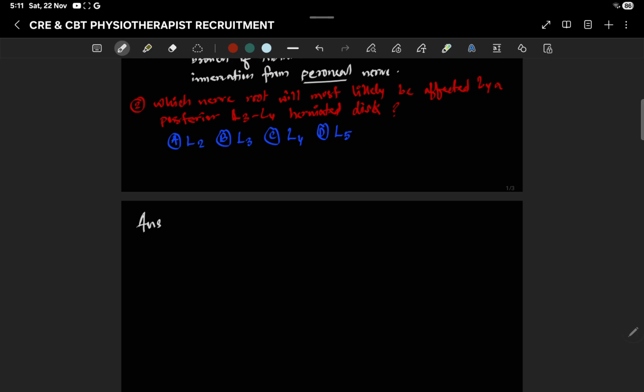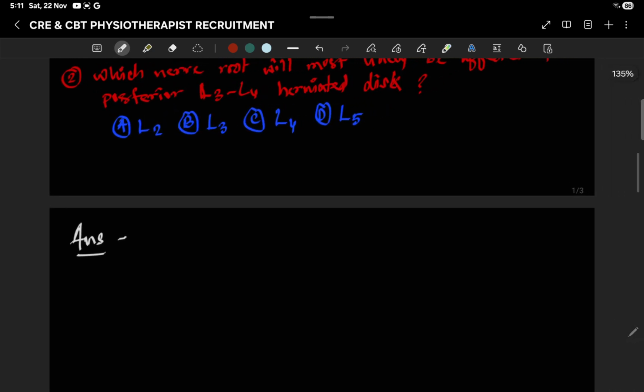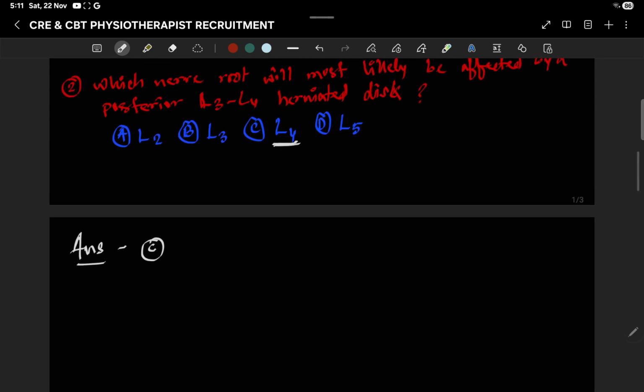Answer will be option C, which is the L4 nerve root. Why L4?